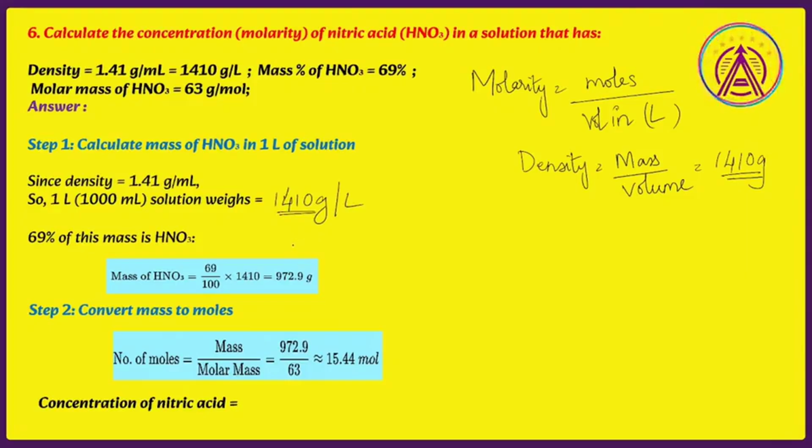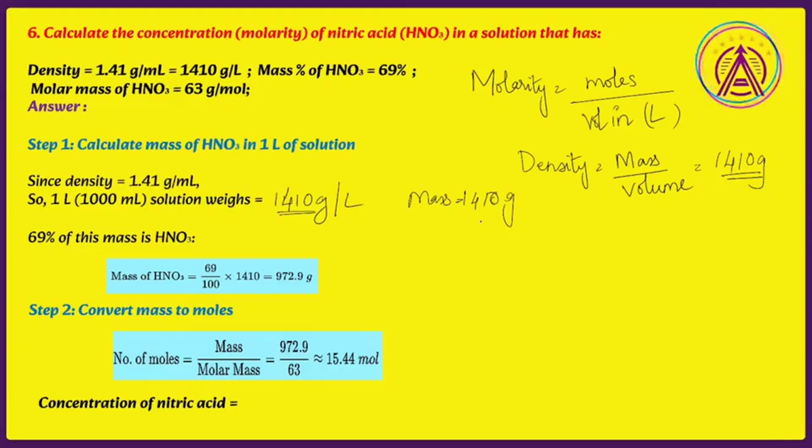Now, if my volume is 1 liter and my density is 1410 grams per liter, that means my mass is also nothing but 1410 grams. Okay.